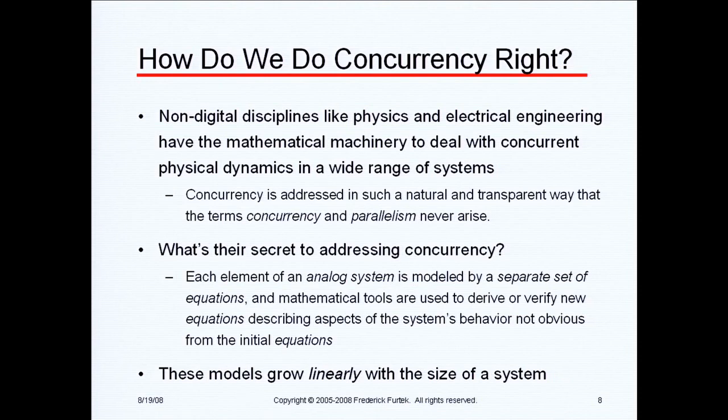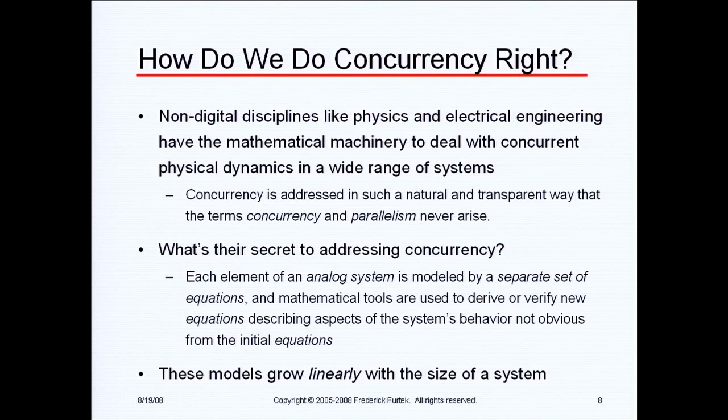Well, I can think of no better place to look for an answer than those non-digital disciplines like physics and electrical engineering that have the mathematical machinery to deal with concurrent physical dynamics in a wide range of systems. I mentioned those two disciplines in particular because as an undergraduate, I majored in electrical engineering.